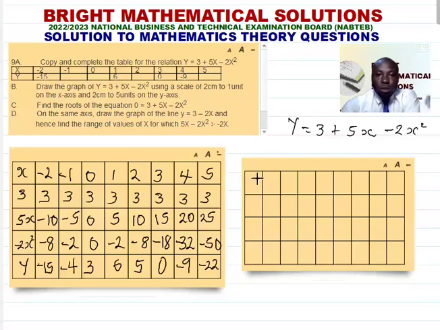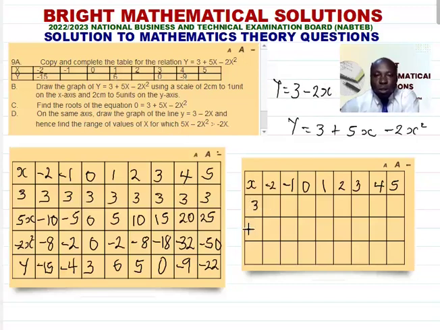Now, just as we did, x is minus 2, minus 1, 0, 1, 2, 3, 4, 5. So we have our linear equation to be y equals 3 minus 2x.